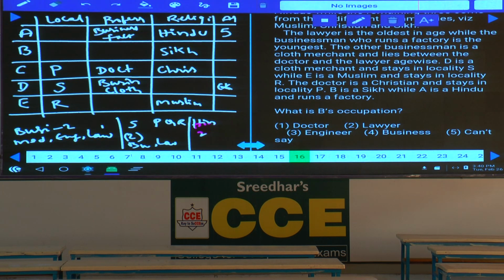D is a cloth merchant and stays in locality S. Then, for the persons staying in locality S, one is the businessman and another one is the lawyer, isn't it? Now the businessman who runs a factory, who is that person?